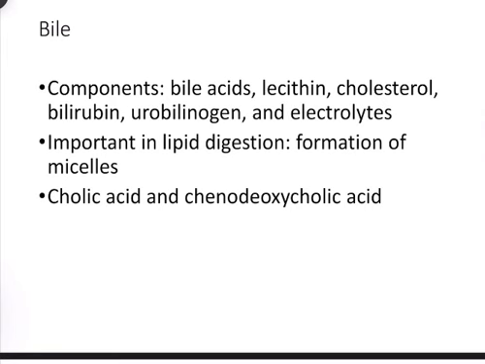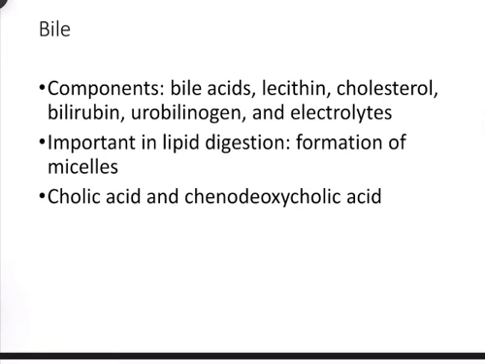So, if ever that you don't have enough bile, your body will accumulate lipids. Your bile is an emulsifying agent. It will degrade your lipids to simpler molecules to be used up by your body. Then, cholic acid and deoxycholic acid.